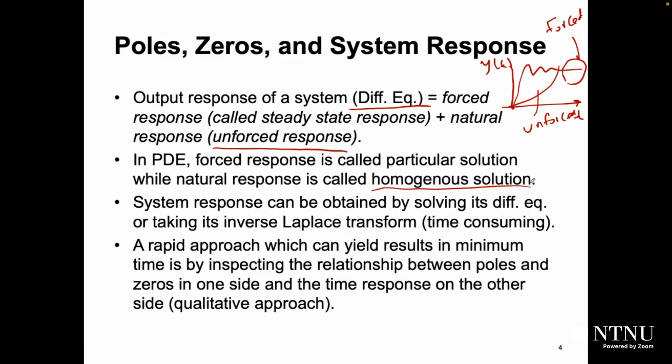And our solution will consist of two parts. One part is the forced response, and the other part is the unforced response. The forced response is due to the input. The unforced response, or natural response, or homogeneous solution, is due to the system dynamics. And this part should decay over time.